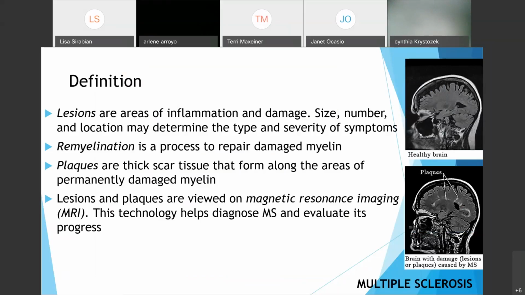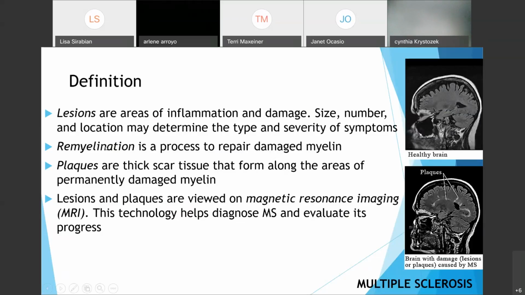The one that I referenced kind of differentiates lesions as areas of inflammation and damage. Size, number, and location may help to determine the type and severity of the symptoms. The plaques are thick scar tissue that forms along the areas of permanently damaged myelin. So they're looking for lesions, they're looking for plaques on the MRI.